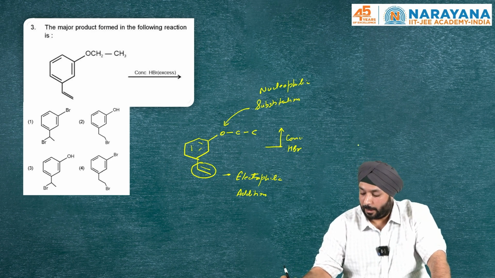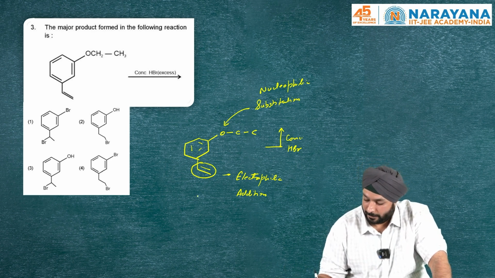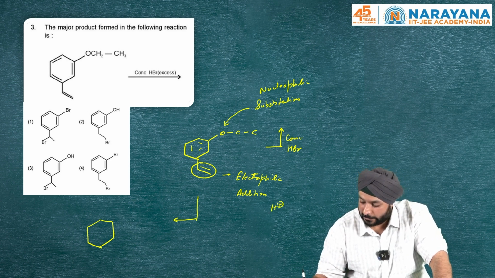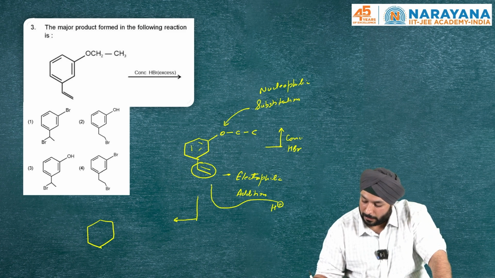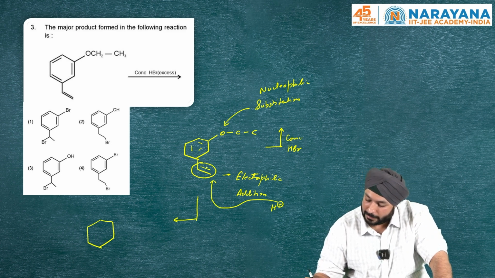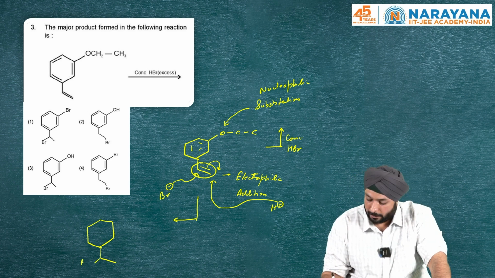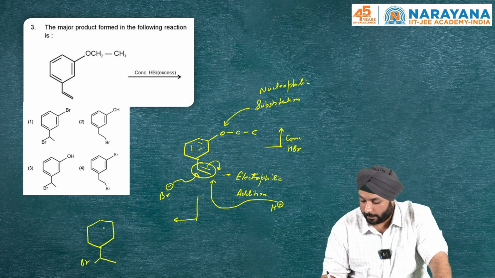So by electrophilic addition reaction, first H+ will attack on this molecule and results in the formation of a stable carbocation. On that stable carbocation, the nucleophile will attack and the addition reaction takes place. It is a Markovnikov addition. This product will form.